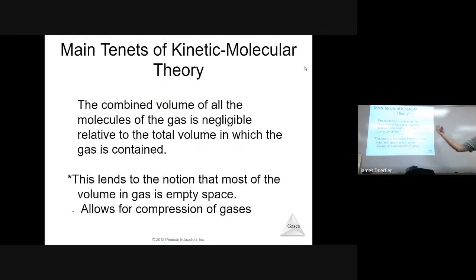So that notion allows us to make the point that most of the volume in a gas is simply empty space, which allows for us to compress gases. And oftentimes we can compress gases to the point where they are close enough that they reform liquids. Not necessarily the state they prefer to be in, but we can still do it.